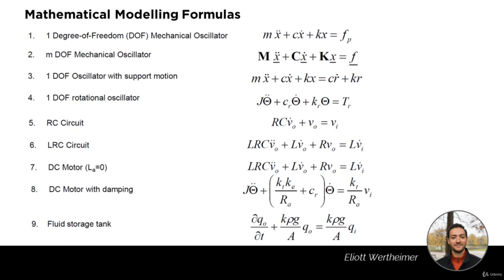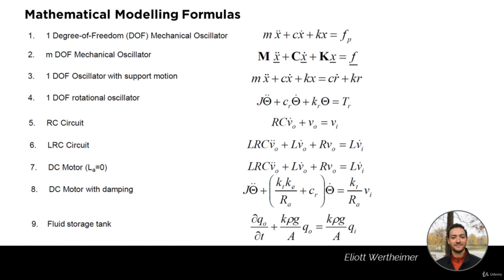You then have one for multiple degree of freedom mechanical oscillators, so the mass, the damping constant, and the spring constant actually become matrices. All this means is that you essentially have multiple equations, one for each degree of freedom generally, with different constants because you have different dampers in different directions and different springs in different directions. You can definitely look it up if you want for multiple degrees of freedom mechanical oscillators. It's really not that complicated.